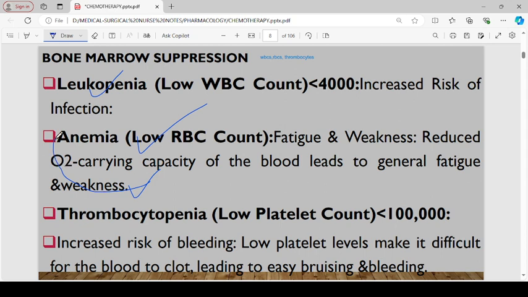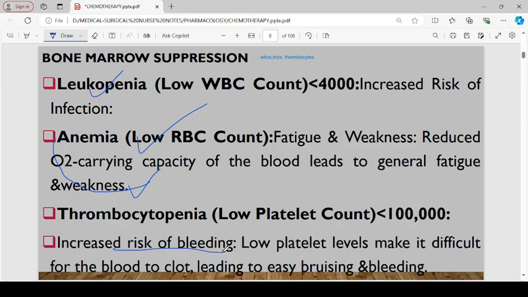Next is thrombocytopenia, low platelet count. All right, remember the normal range is between 150 to 400, 450 thousand. And if it is less than 50,000, you have to transfuse, guys. So when you have thrombocytopenia, what is the danger, guys? You're going to have increased risk for bleeding.